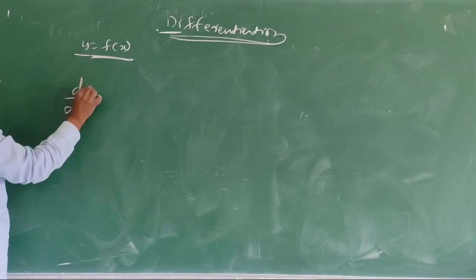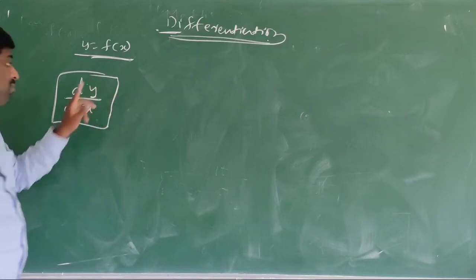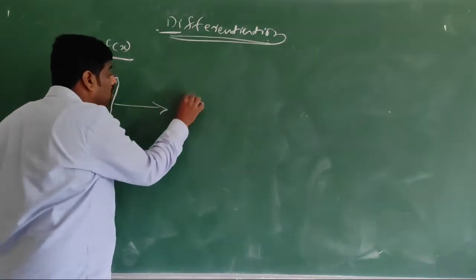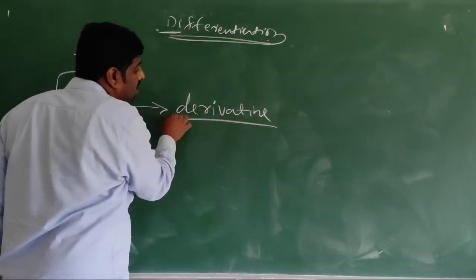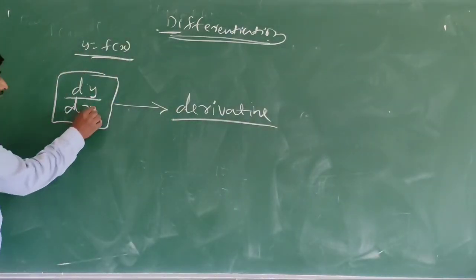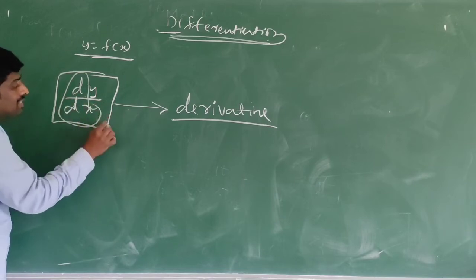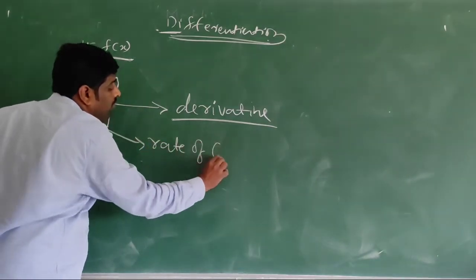What is the function? y. dy by dx. This dy by dx is called the derivative. Here d by dx is nothing but the rate of change of.